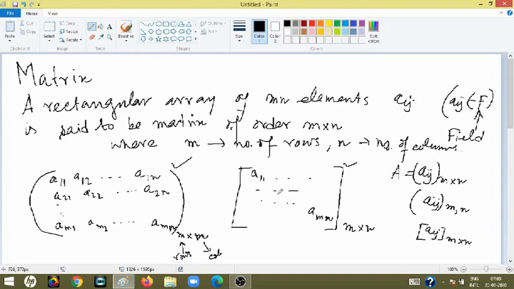Actually, in total there are 5 notations we are using to describe a matrix: 1, 2, 3, 4, 5.